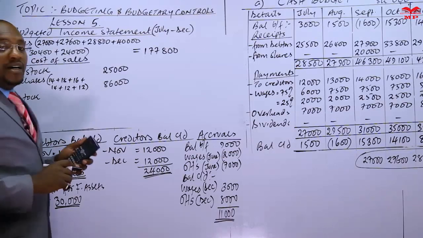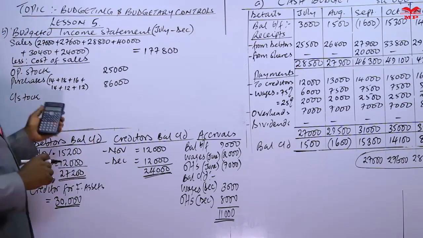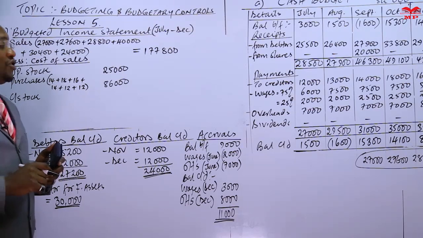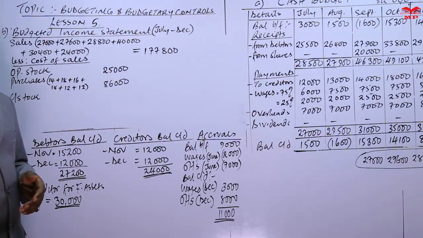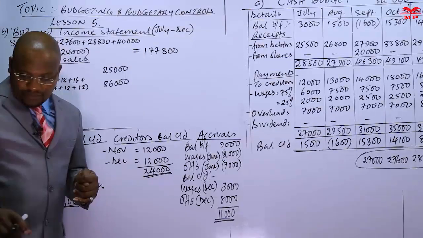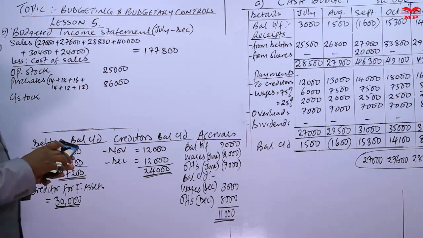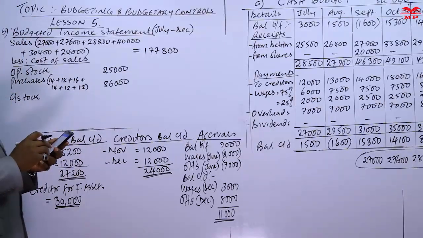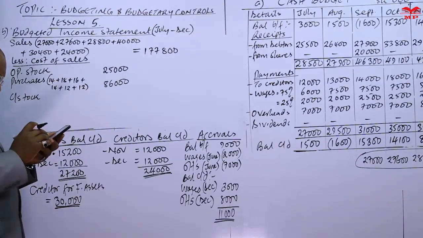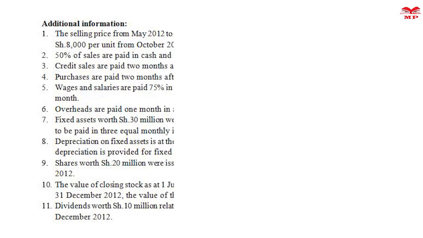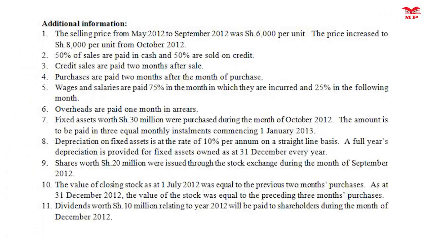Now, the closing stock, this one actually depends on the production or the purchases budget, where we require to look at the units that we sold or the sales, and we compare with the opening and the purchases. For example, we have the opening stock, and you have been told in information number 10, the value of closing stock as at 1st July 2012 was equal to the previous 2 months purchases.